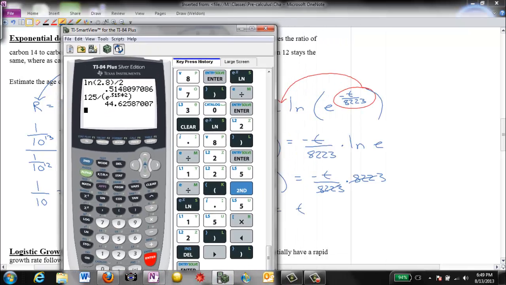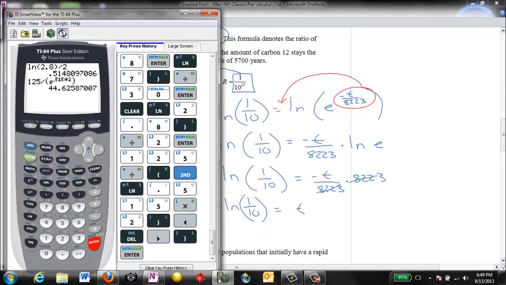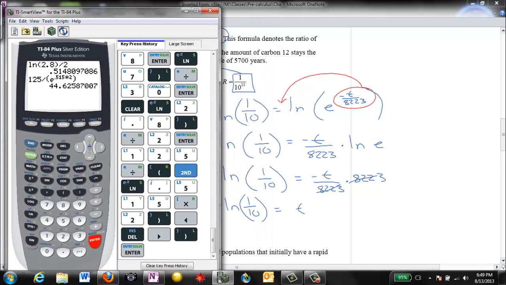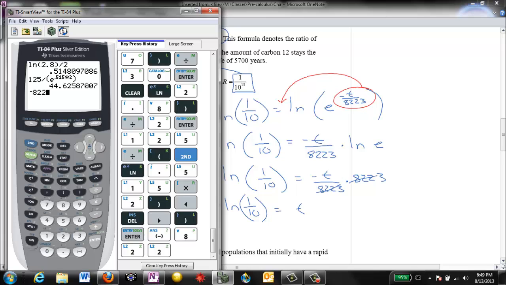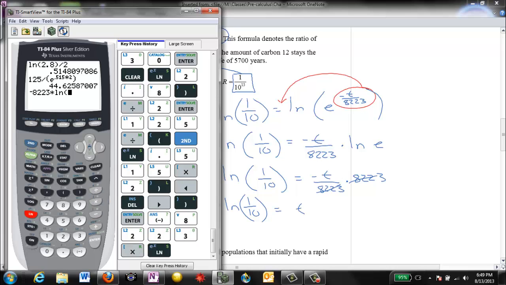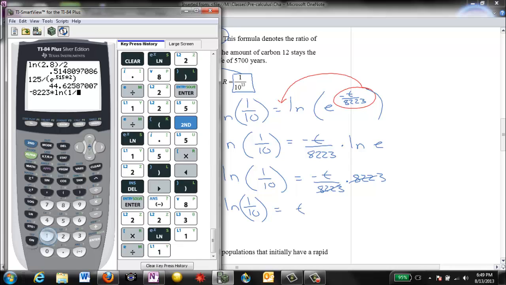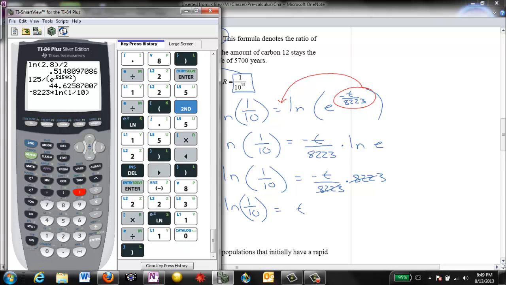So I'm going to drag this over here, and let's do this calculation. Okay, so I have negative 8,223 times the natural log of 1 divided by 10, and I'm going to hit enter, and we get 18,934, right?